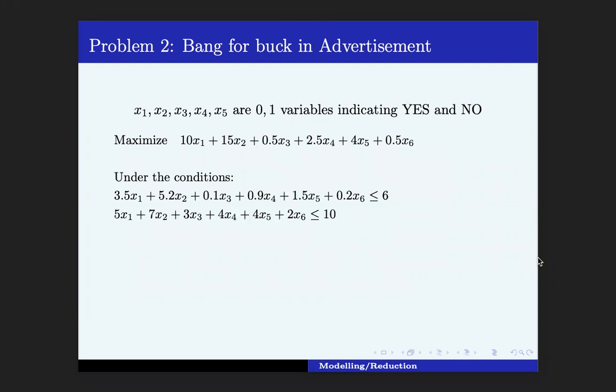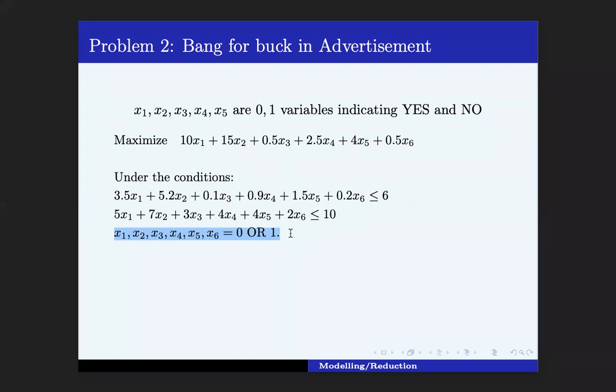The issue is that this is not an LP. It is because of this constraint. This is not an LP because x1 to x6 are not allowed to take arbitrary real numbers.